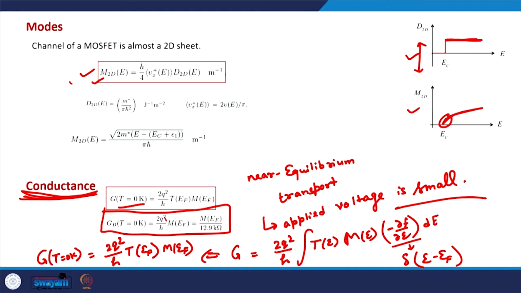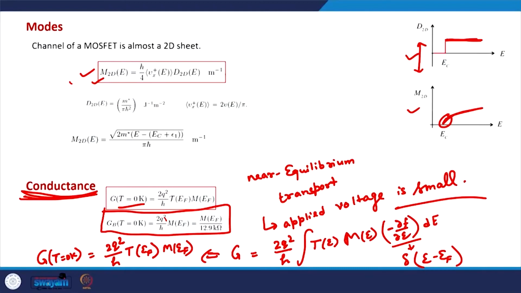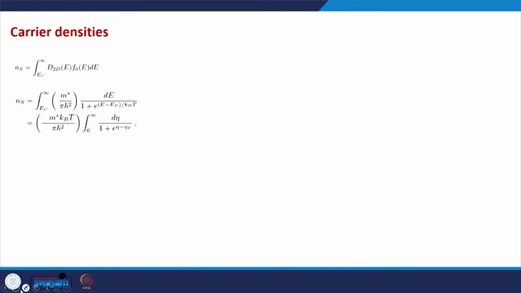The unit of conductance is the inverse of the ohm, and this ohm comes in the numerator. When the temperature is not 0 Kelvin, at room temperature in practical situations, the integral in the current expression is converted to the Fermi-Dirac integral. So this idea of number of modes and the idea of conductance is, I hope, clear.